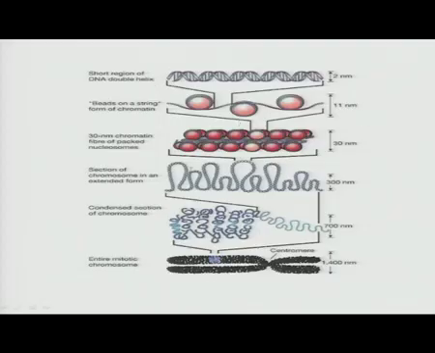Let us recall the packaging of the DNA inside the nucleus of the eukaryotic cell. Here you can see the DNA, and according to Watson and Crick, the width of this DNA is 2 nanometer. This DNA will first get wrapped on the histone octamer to form the nucleosome, which is 11 nanometer.